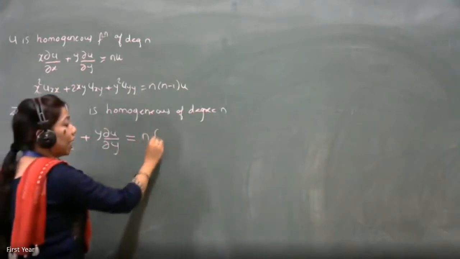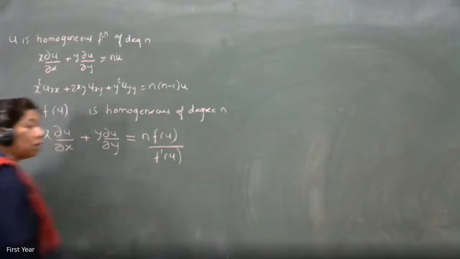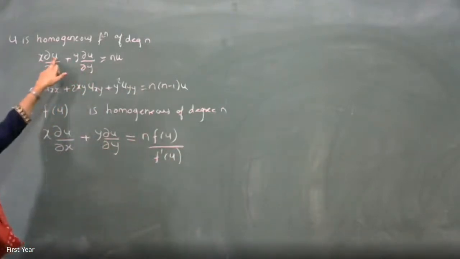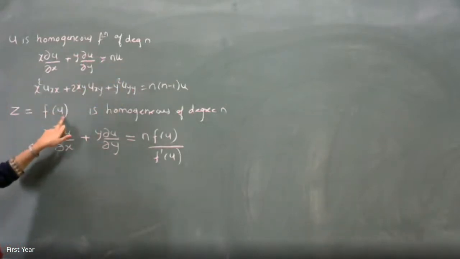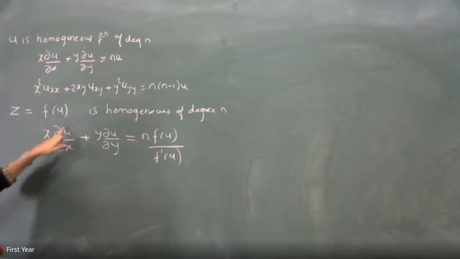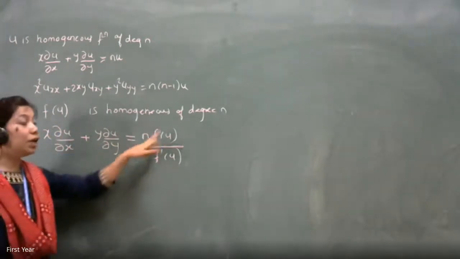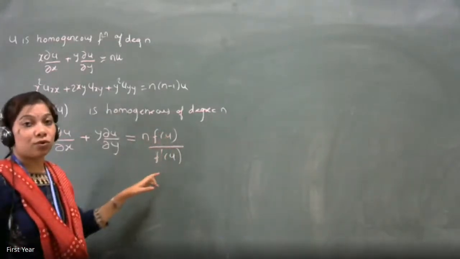So here it will be n into f of u by f dash of u. Please note the change. What is the change? Here, when u was directly homogeneous, we had n into u. Now u is not homogeneous, f of u is homogeneous. Then your expression x ∂u/∂x plus y ∂u/∂y is equal to n into f of u by f dash of u.